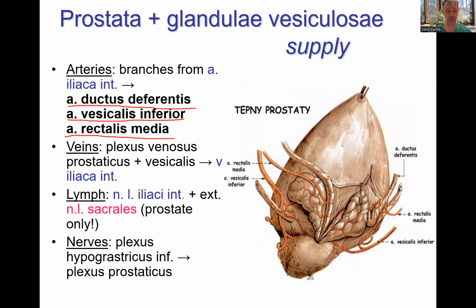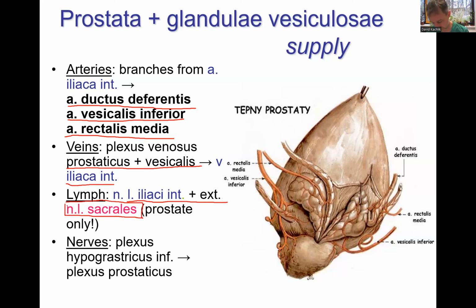It is drained by the prostatic plexus, which is continuous with the vesical venous plexus, and it drains into the internal iliac vein. And of course, the lymph is drained into the nearest nodes, so internal iliac and external iliac lymph nodes. But don't forget, it's located very dorsally, and it has close relationship to the rectum.